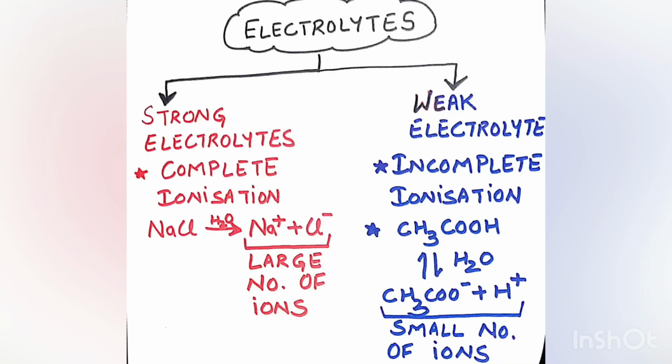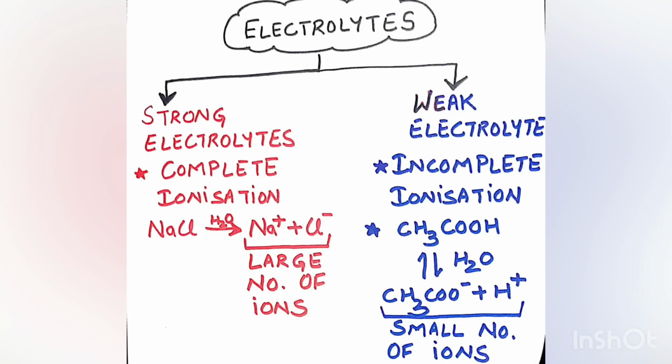That means the ionization is incomplete or partial, and it will give us the negatively charged acetate ions, CH3COO-, and the positively charged hydrogen ions, H+. So now we have a very small number of free mobile ions available in the case of weak electrolytes due to partial ionization, and that is why they are categorized as weak electrolytes. And that is why in the continuity tester, the bulb will glow with less brightness.